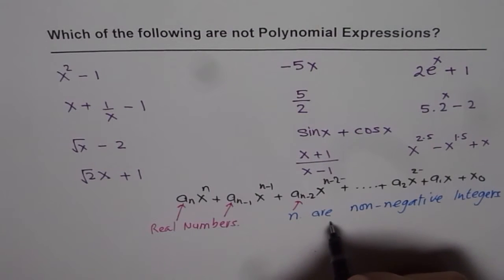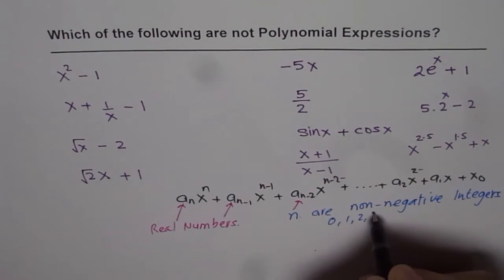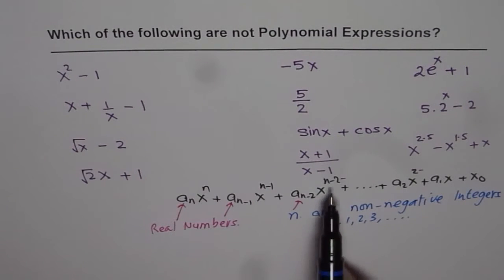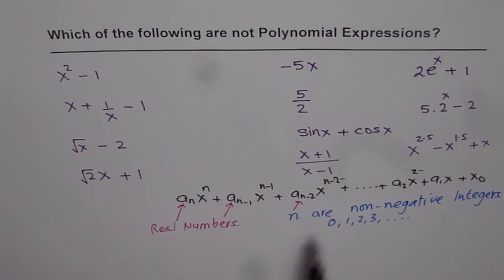That means they could have values like 0, 1, 2, 3 and so on, right? They cannot have decimal numbers as an exponent. They cannot have fractions or negative numbers as exponents, correct? So that helps us to verify whether a given expression is a polynomial expression or not, right?